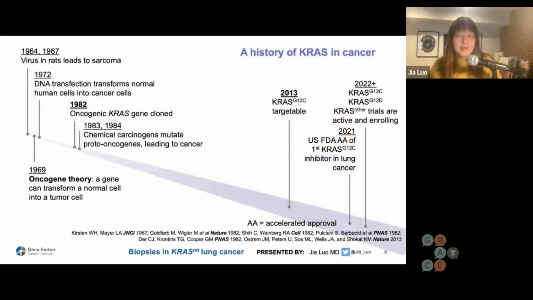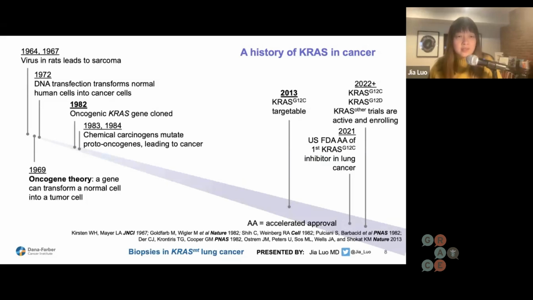The history of KRAS-driven lung cancer is that we've known for a very long time that a mutation in KRAS is necessary and sufficient to lead to cancer cell growth. This derives from work starting in the 1960s, and KRAS, among other mutated genes, led to the development of the oncogene theory in 1969.